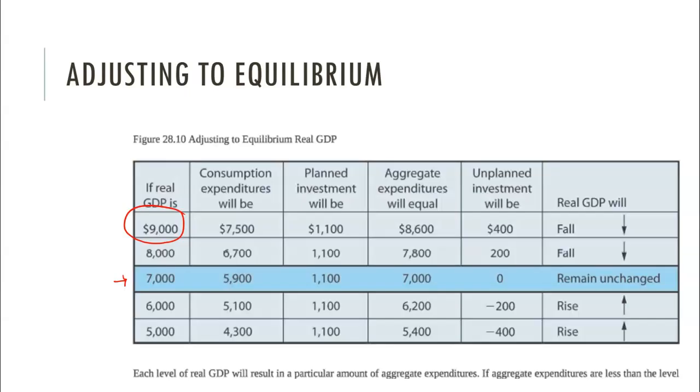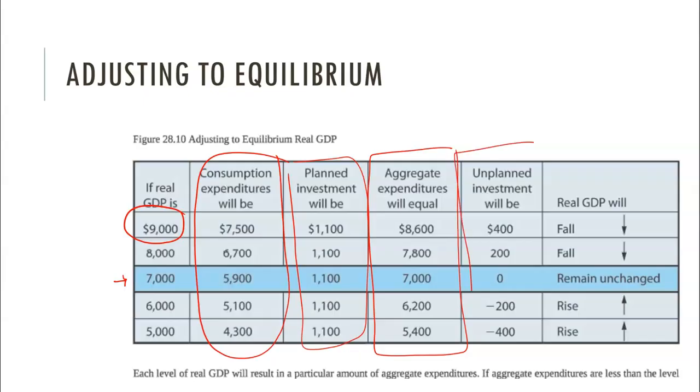And in our model here, consumption is a function of real GDP. Planned investment is autonomous, or it's some predetermined amount that's going to stay the same, has nothing to do with the level of real GDP. And then we can see what happens with our aggregate expenditures and what happens to our unplanned investment.